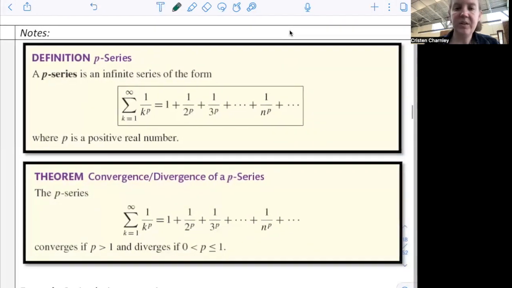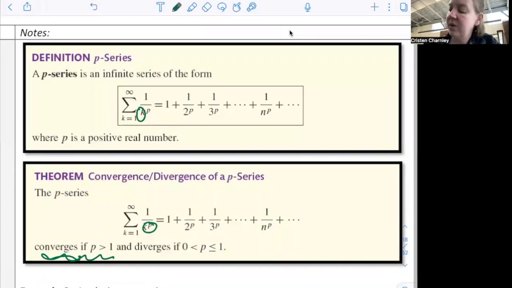P series, everybody was giggles at this one. The P series is an infinite series in the form given, where P is a positive real number. So this exponent on the K on the bottom can change. This one's pretty easy. If P is greater than 1, we can say that the series converges, but if it's equal to 1 or less than 1, we say that it diverges.